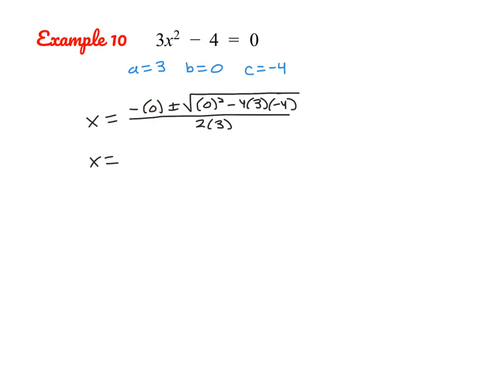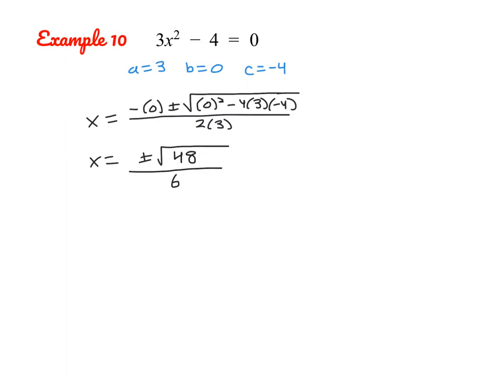The 0 we don't need to write, so we just have plus or minus square root of 0 squared is just 0. So here we just have negative 4 times 3 times negative 4. So be careful, make sure your answer does become positive. And we get 48 all over 6.